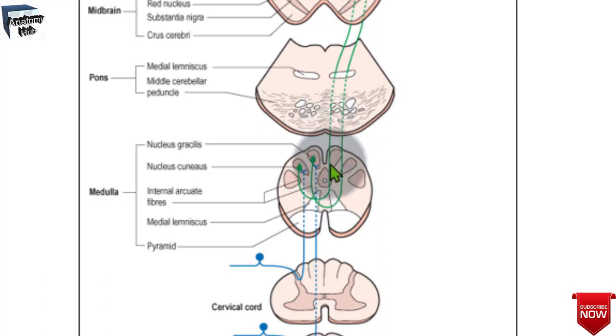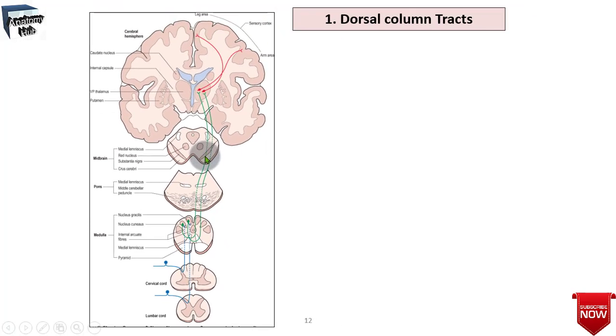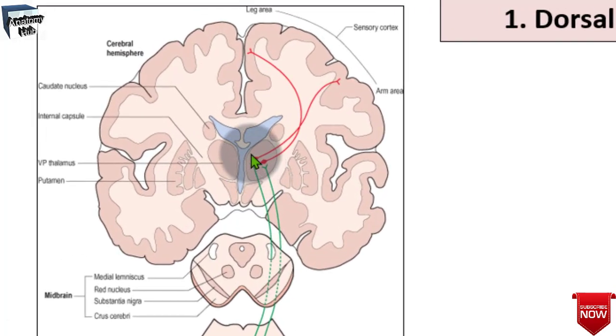Okay, so this is your medial lemniscus, and this crossed tract ascends throughout the medulla, the pons, and the midbrain, and finally terminates on the third order neurons present at the ventro-posterolateral nucleus of the thalamus.